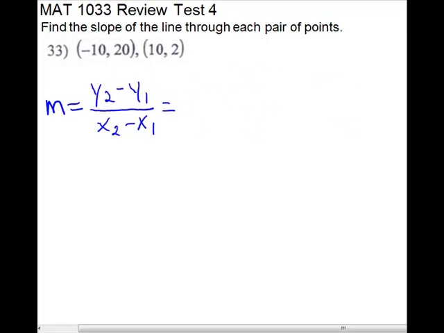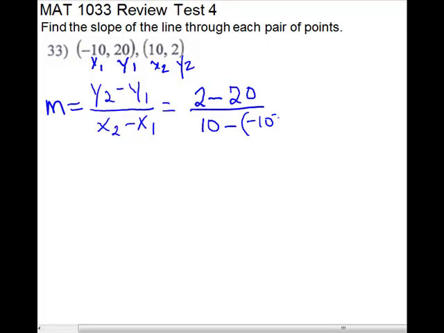We have one more problem to find the slope given 2 points. So we will label our points and use the formula. So this will be x1, y1, x2, y2. And we'll plug in. So y2 is 2 minus y1 is 20 over x2 is 10 minus a negative 10.